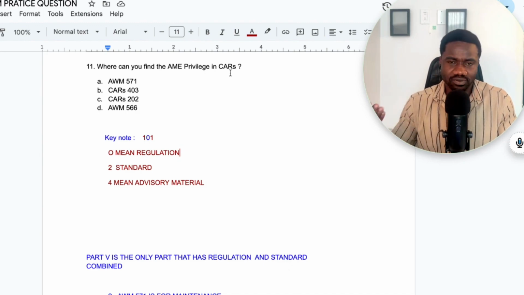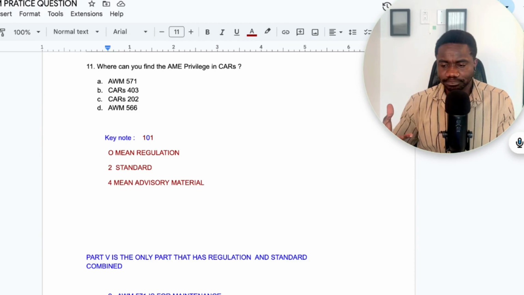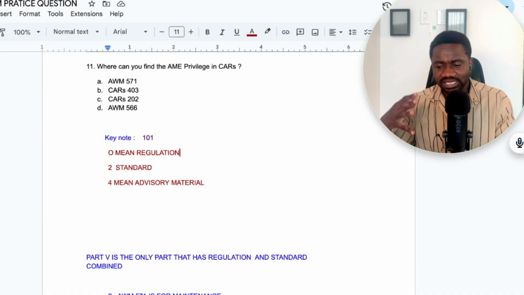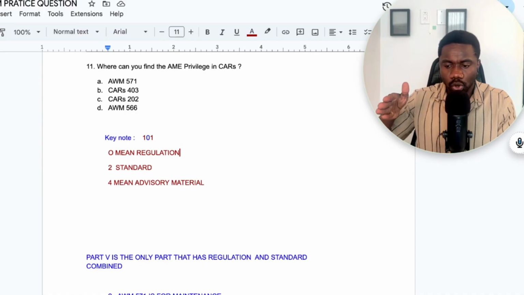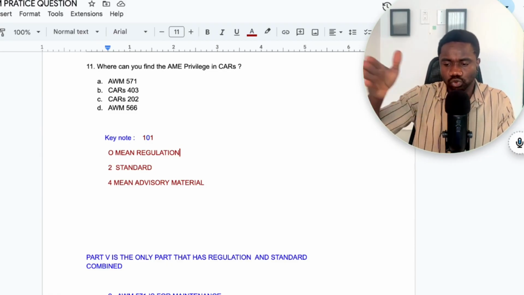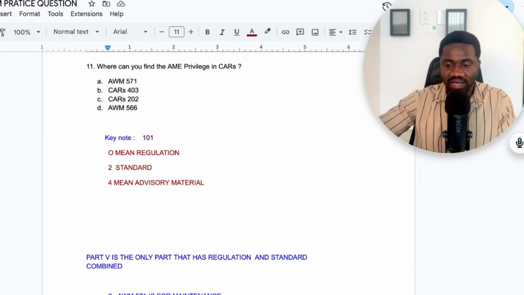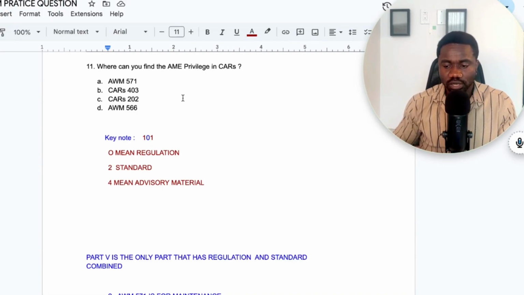The AME privilege is not a regulation. It's more like a privilege. Imagine I'm asking, where can you find the privilege of having a driver license? It's not a law that tells you that you must have a driver license to drive. Privilege means if you have a driver license, you can drive. That's a privilege, so it's not a regulation.